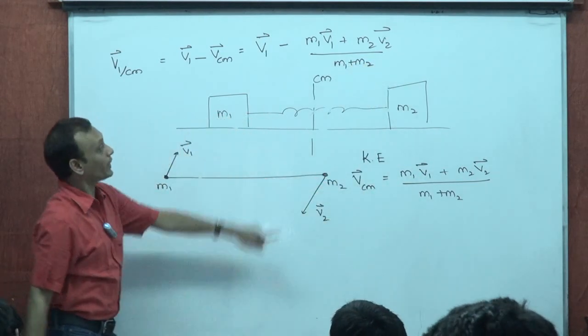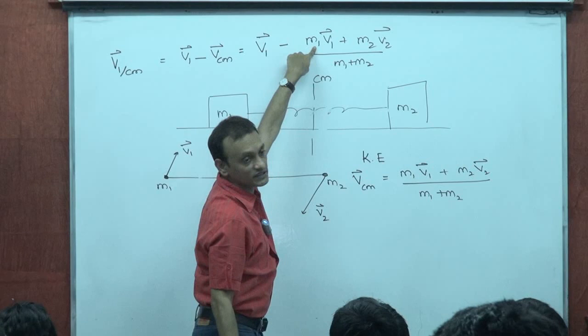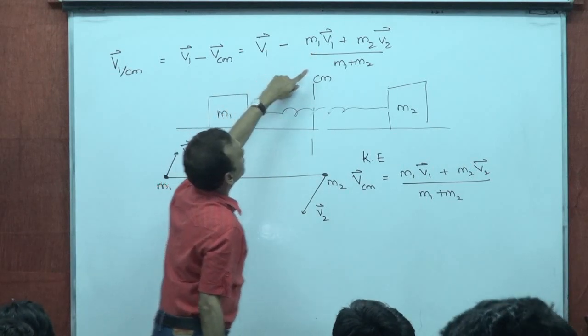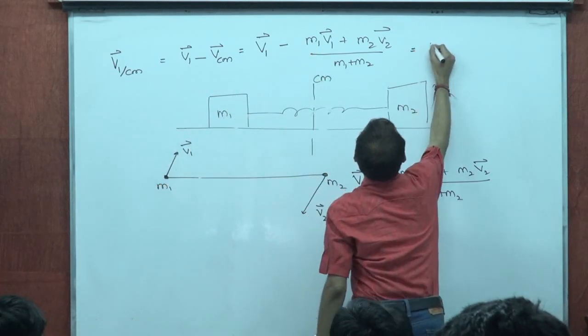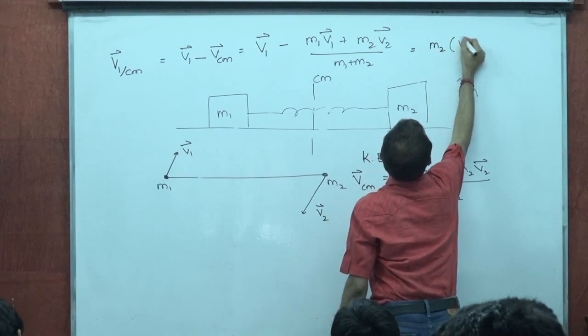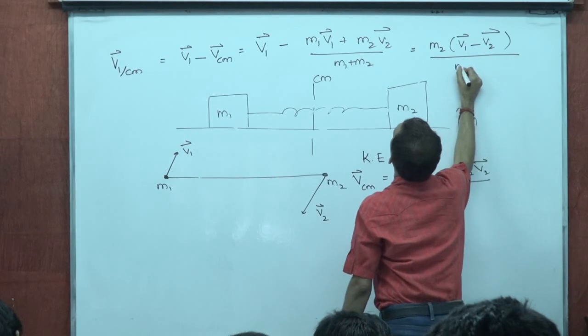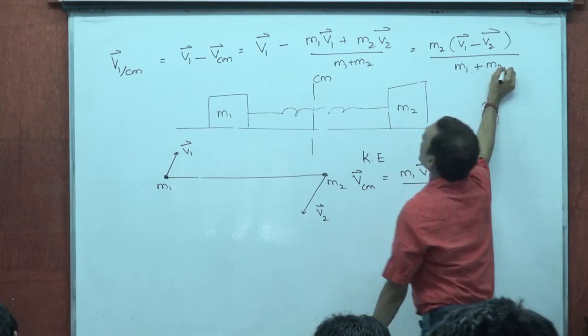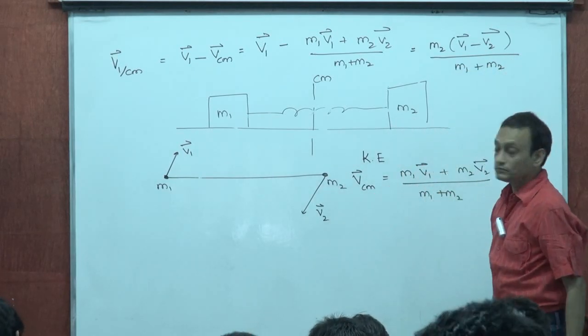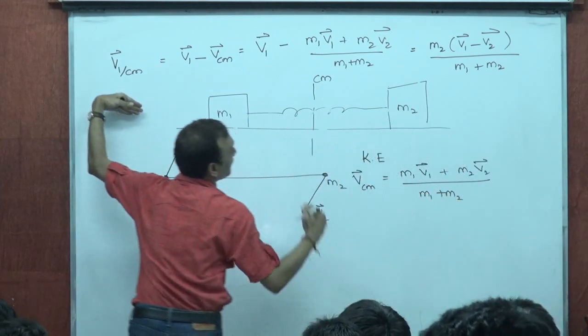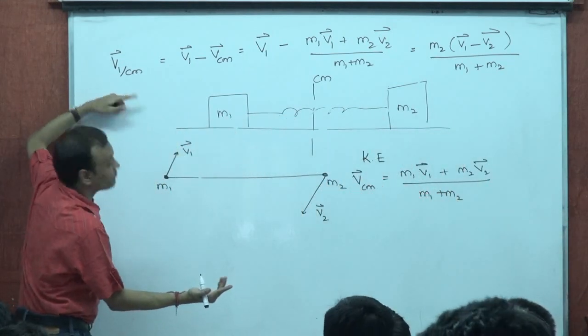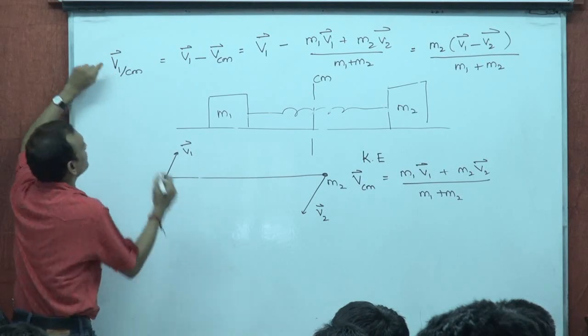Yes or no? Then this M1 V1 will get cancelled with this M1 V1, and what you are left with is M2 into (V1 minus V2) divided by M1 plus M2. So that's the velocity of 1 in the center of mass frame.